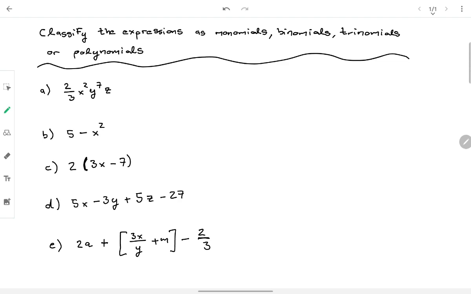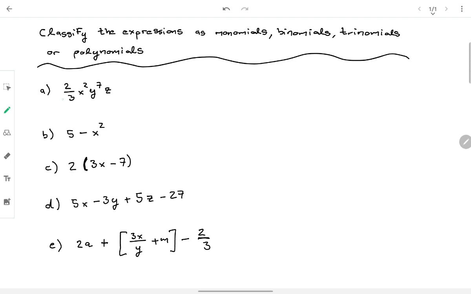So let's see, we are going to do these exercises where we need to classify the expressions as monomials, binomials, trinomials, or polynomials. In the first one, we don't have any plus or minus sign.